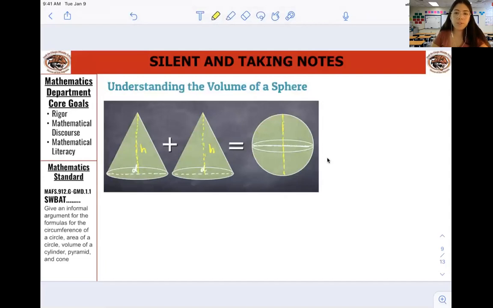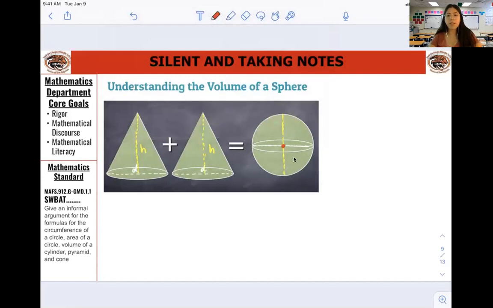Now, here's a question for you. Looking at the sphere, what do you notice about the diameter and the height? Here's the height, here's the diameter. They both go right through the center. That's exactly right. So let me highlight that.